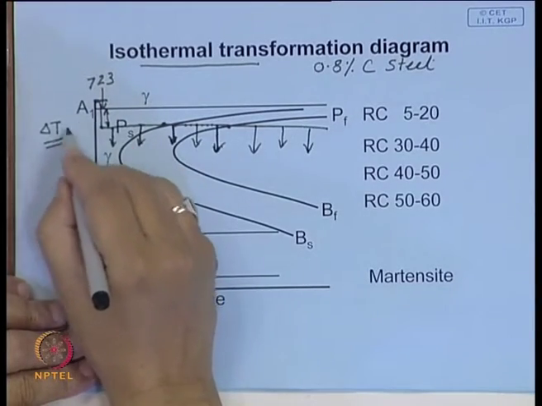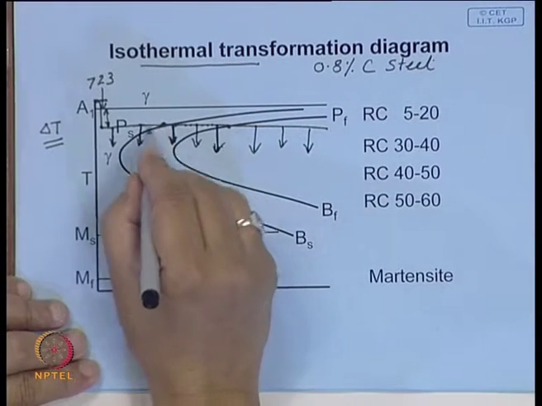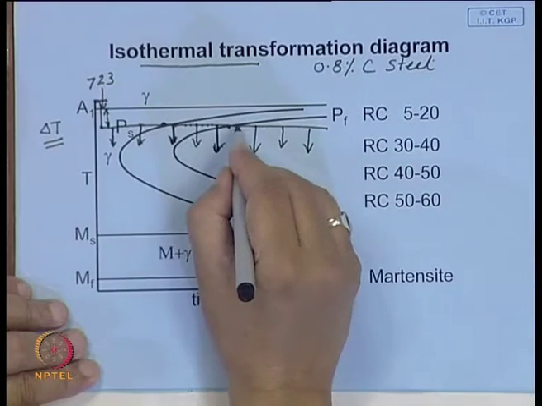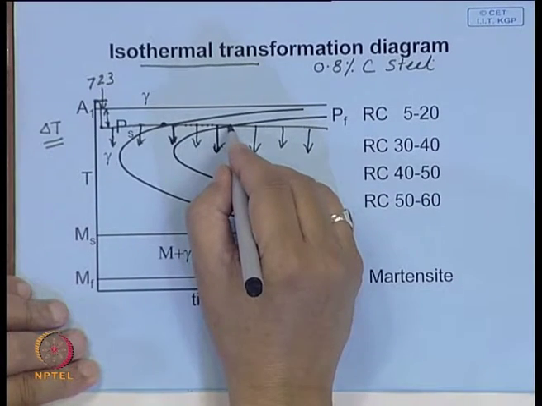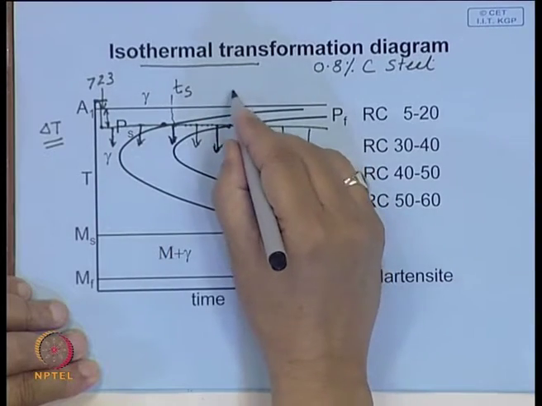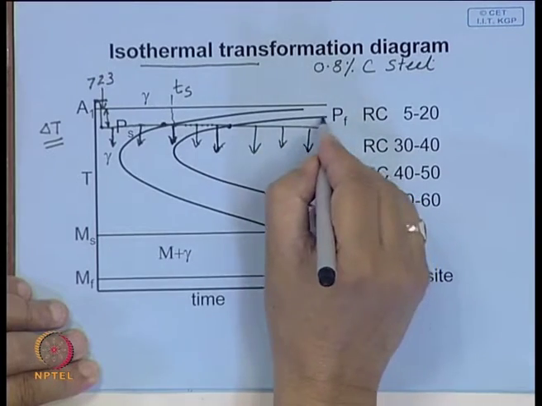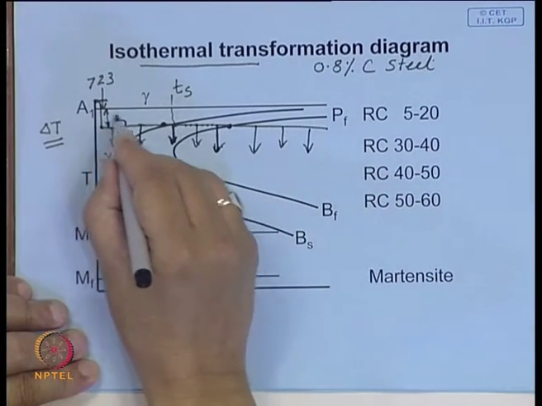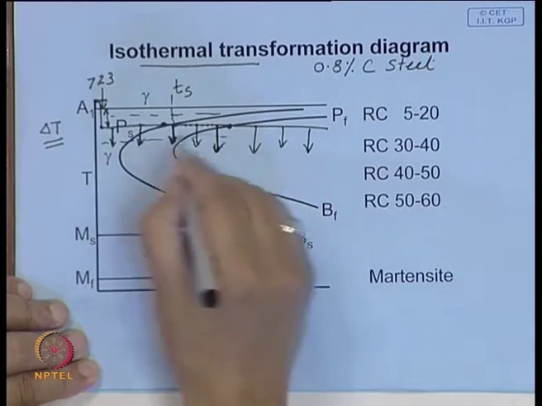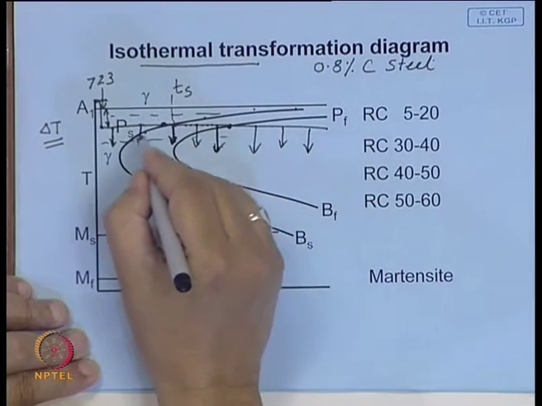Now, we see that for different delta T, the transformation starts at a specific time and it is completed after a specific time. So, this is the start of transformation, this line represents the end or completion of transformation, and if you repeat the experiment at different temperatures and join these points, you get a curve like this.